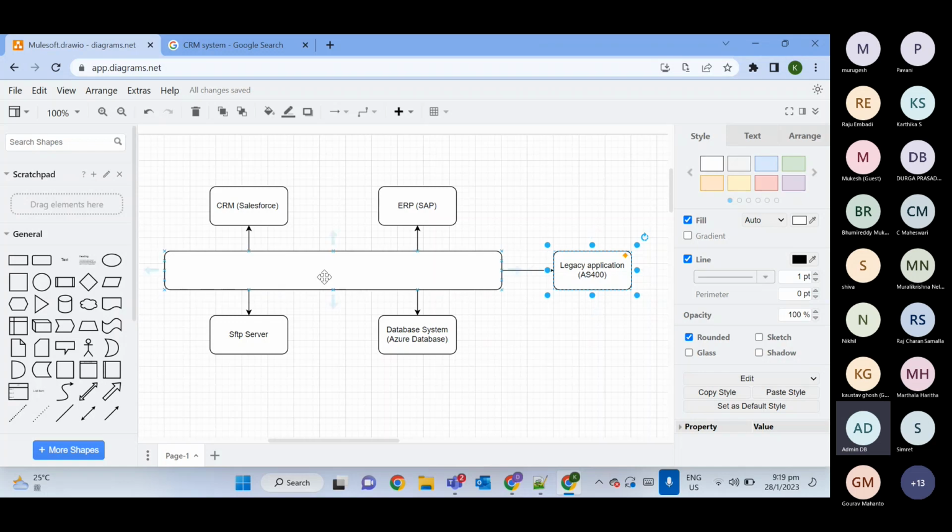And in this middleware technology, we do data transformation also. It has the capability to do data transformation. So whenever it gets first name and last name from the CRM system, it knows we need to exchange this data to the legacy application, and the legacy application has only name. So for passing that data, it will merge first name and last name, combine them and create name.